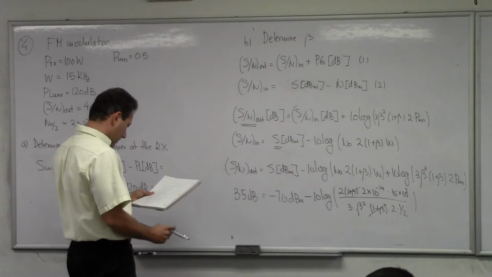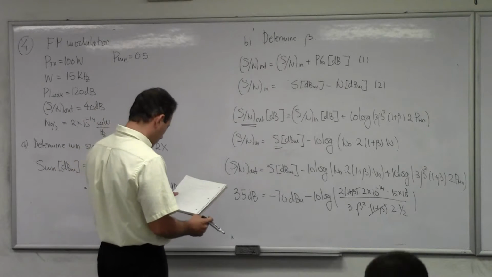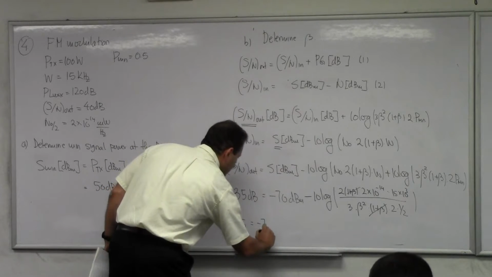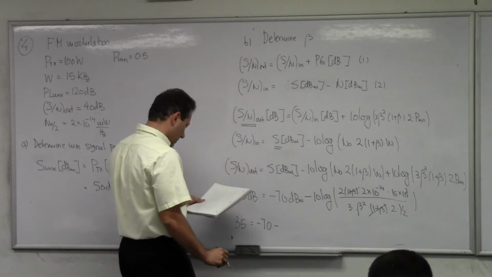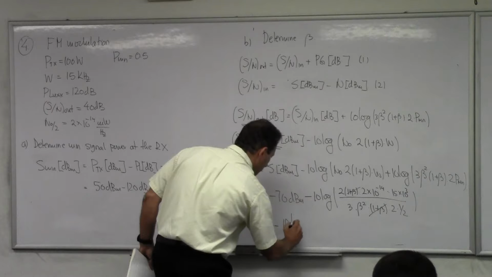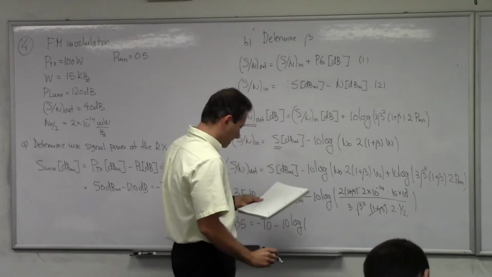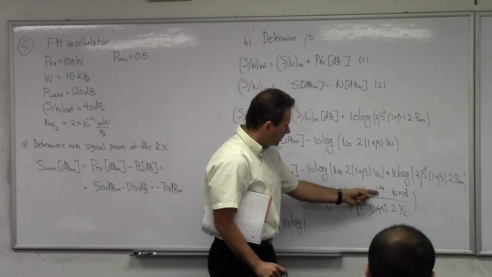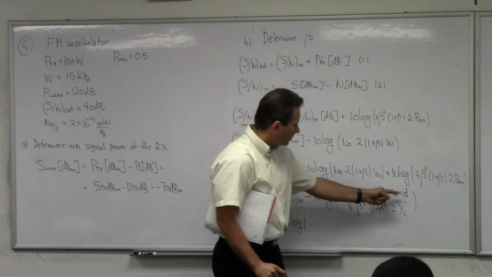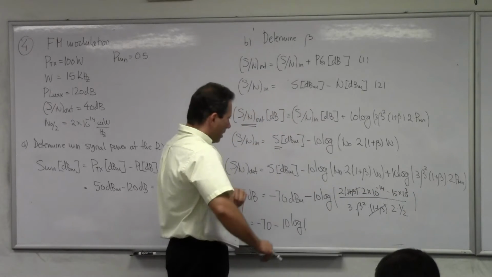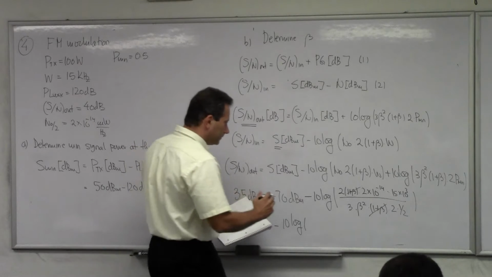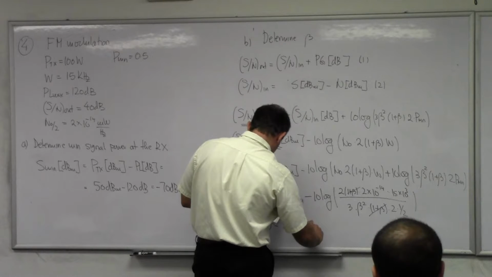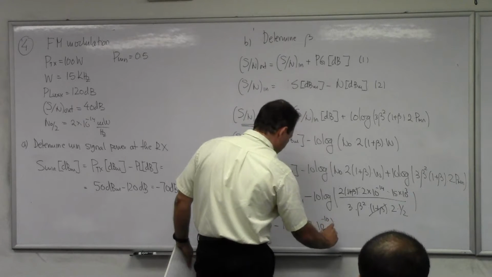After some shuffling here, we get 35 is equal to minus 70, and then I have minus 10 log, and let's see what I have here. 2 times 10 to the minus 14, 15, 10 to the minus 3, and this 3. If I did everything correctly, this ends up being 2 times 10 to the minus 10.